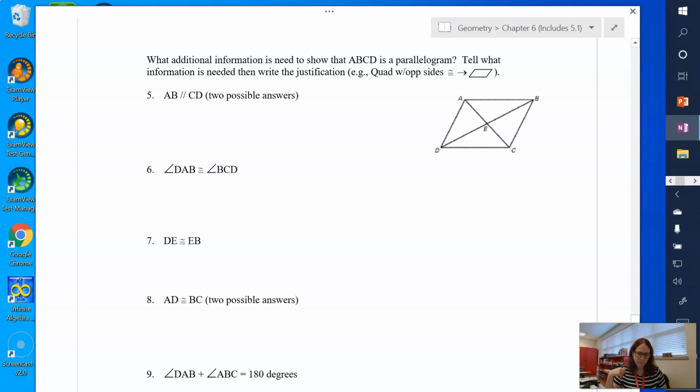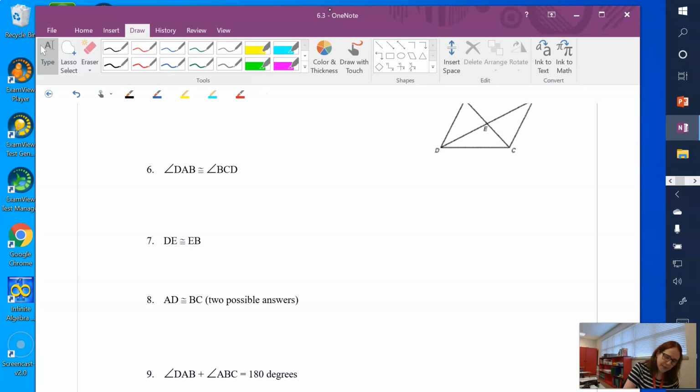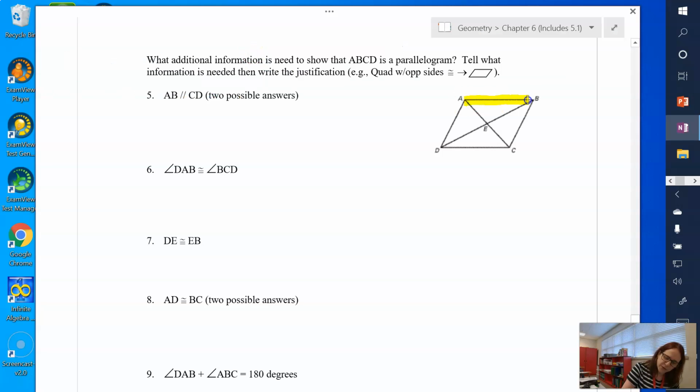So first of all, we're told that AB is parallel to CD. And I'm giving you a hint. There's two possible answers. So there's two ways to do this. I'm going to highlight these two that we know are parallel. Now, one way I could do it, here is option 1.